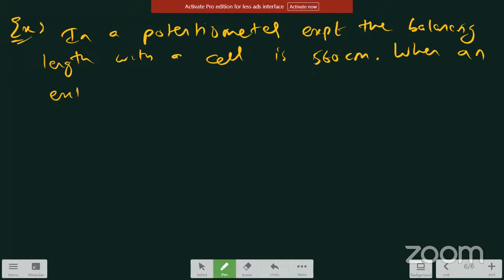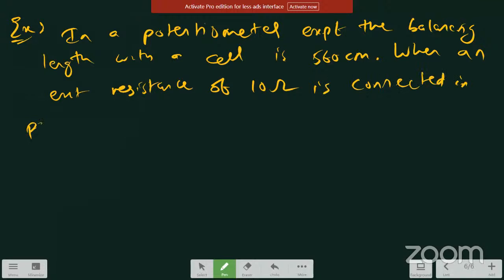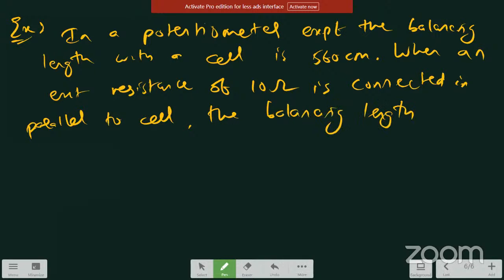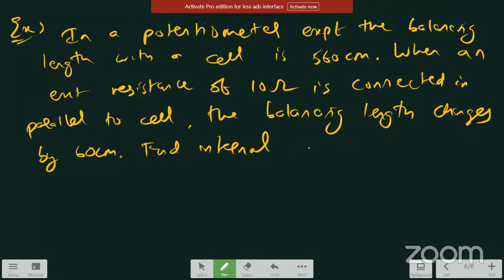When an external resistance of 10 ohms is connected in parallel to the cell, the balancing length changes by 60 centimeter. Find the internal resistance.